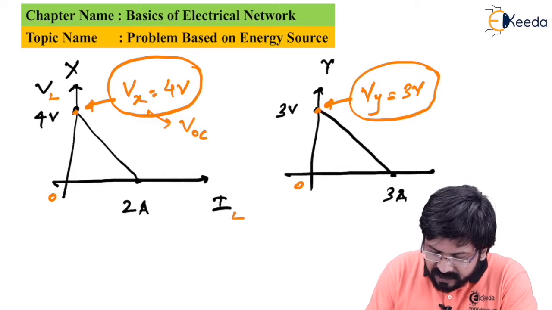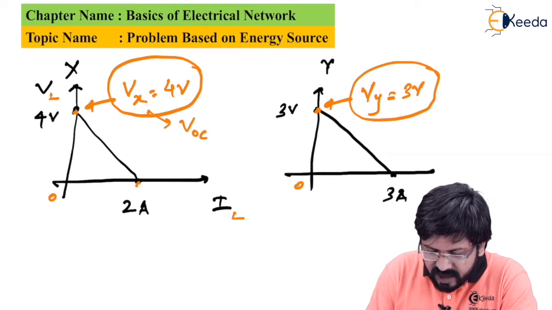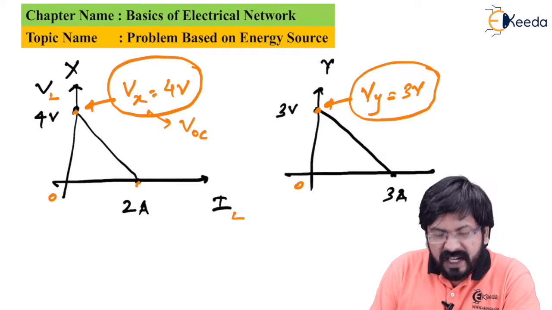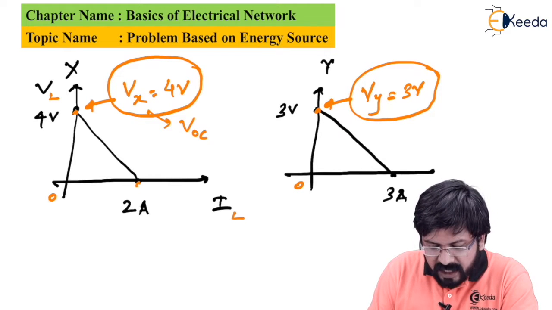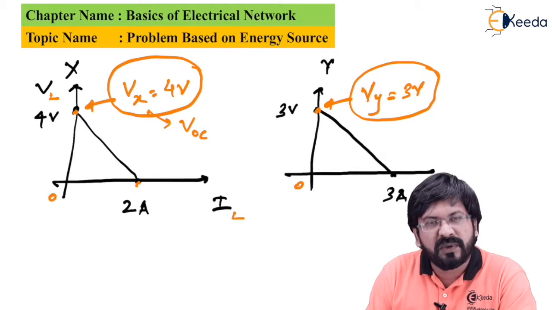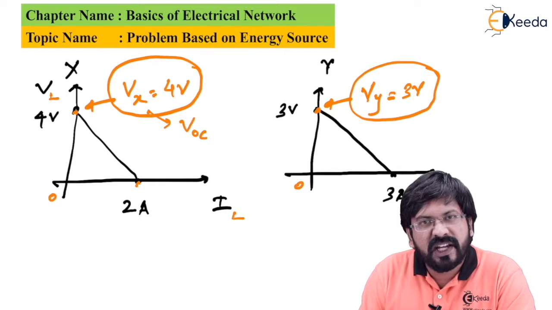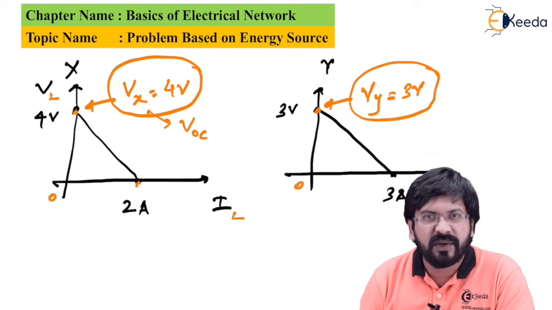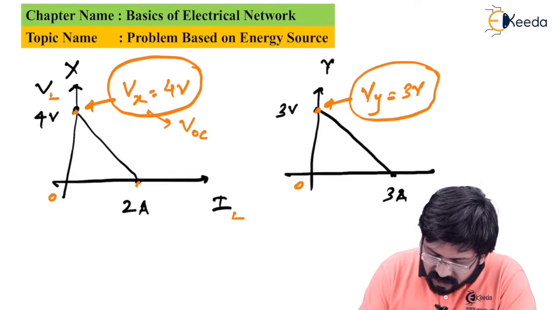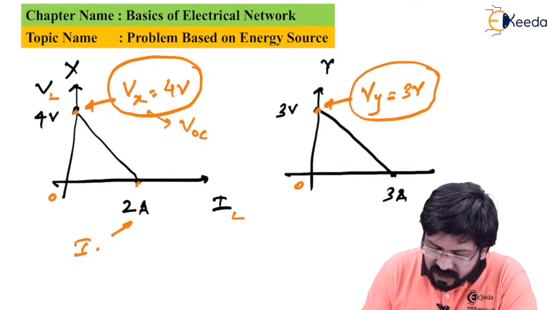Similarly, at this point, the value of IL is 2 ampere when voltage VL equals 0. Load voltage can be made 0 only after short circuiting the load. In fact, I can call this current the short circuit current, ISC.